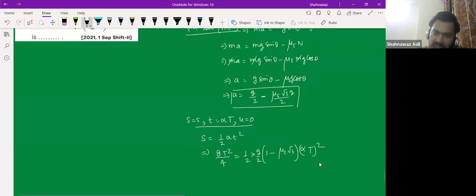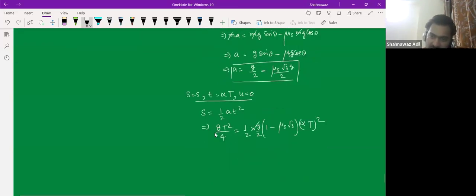So how much is this thing? g cancels, 4 and 4 cancel. This is t square times 1 minus mu s root 3 equals alpha squared t square, so t squared also cancels. So what do we have? We have 1 by alpha square equals 1 minus mu s root 3. So mu s is how much?